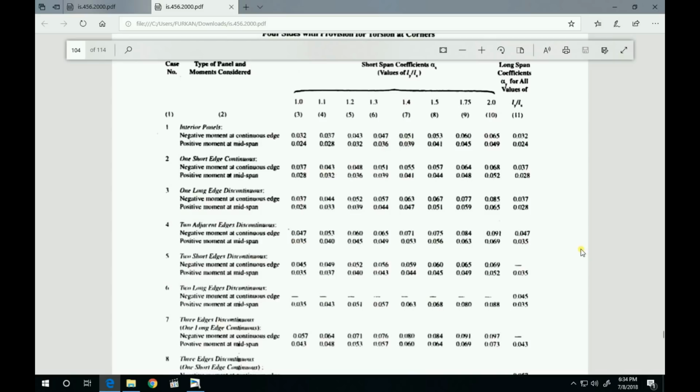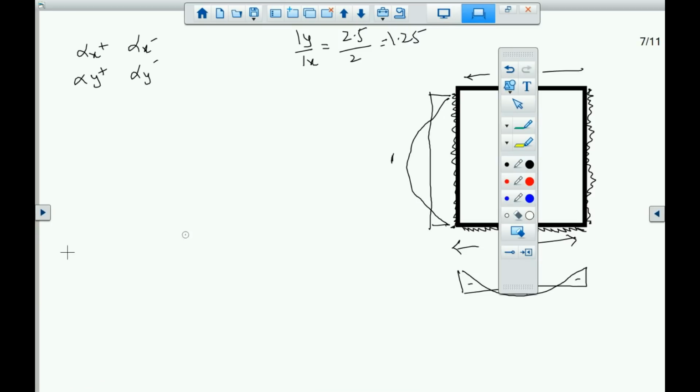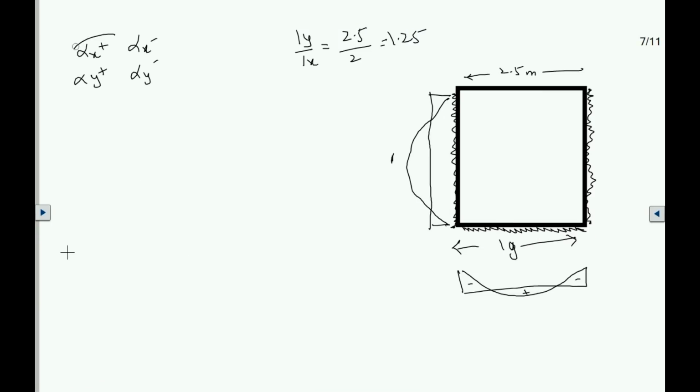So I'll write it down on the slide now. I'll show you how to interpolate also. Let's take alpha x positive. Now we have alpha x for 1.2 and 1.3 only. We need it for 1.25. So for 1.2 it is 0.052 and for 1.3 it is 0.057. Now what will it be for 1.25? Let's assume it is x.